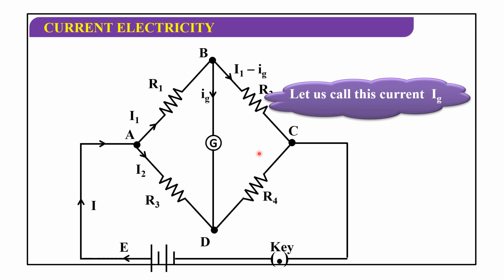Let that current be IG. As the current is distributed at B, IG flows through BD, and through BC the remaining current I1 minus IG flows.